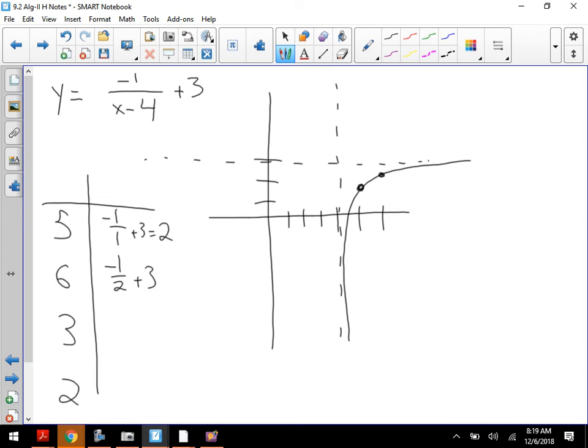I use 3, I get -1 divided by -1 plus 3, which is 4. And then -1 divided by -2 is 3.5, which is good. So it's doing this. It's a good sign that you can get it to mirror themselves out.